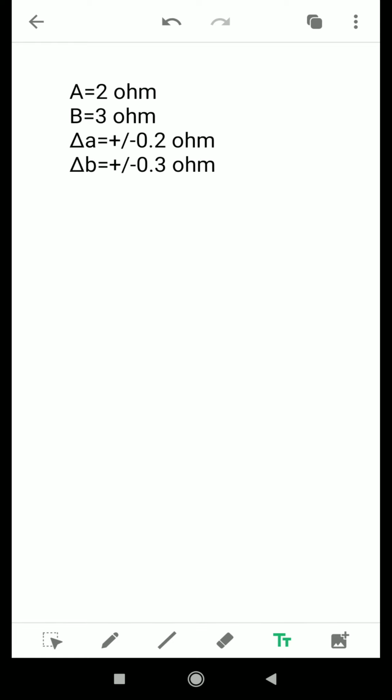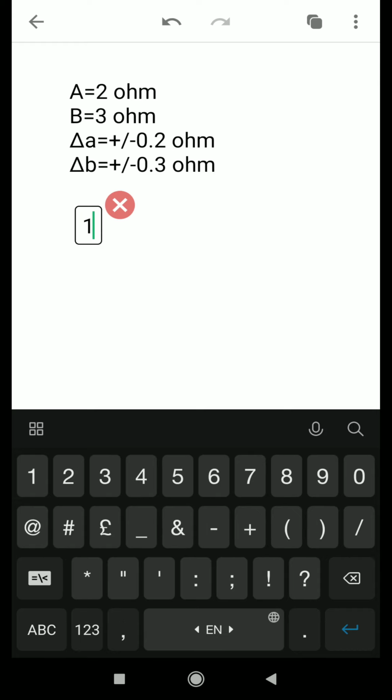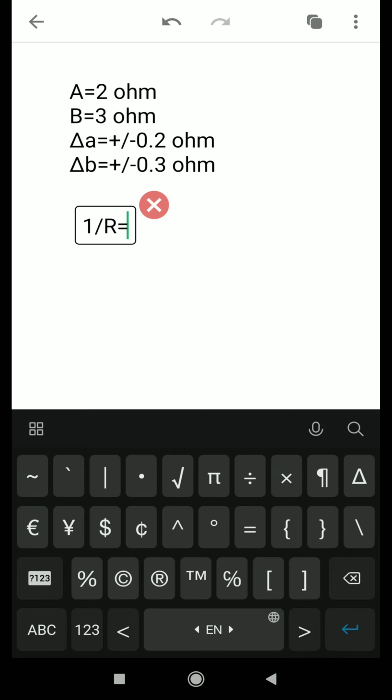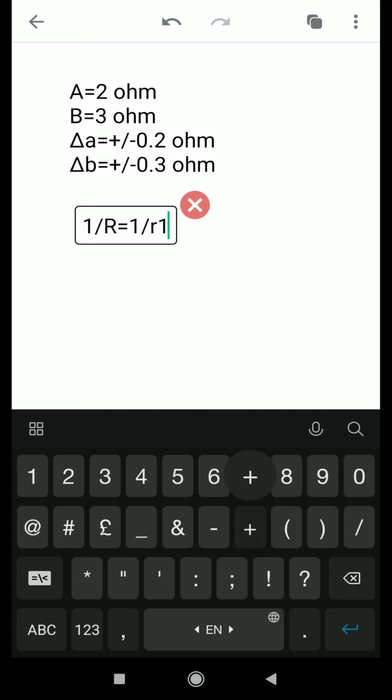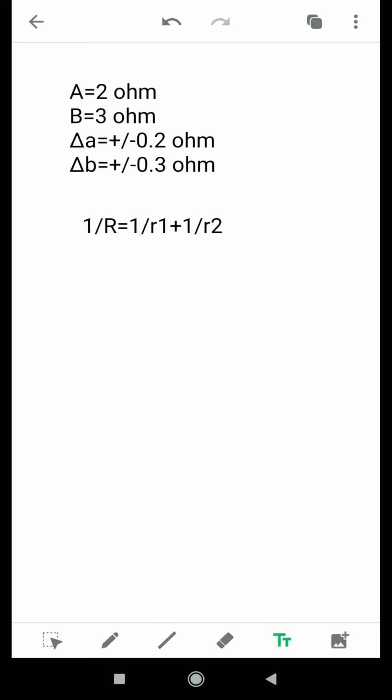So we know the formula of parallel combination of resistance: 1 by R equals 1 by R1 plus 1 by R2, where R1 and R2 are suffixes.